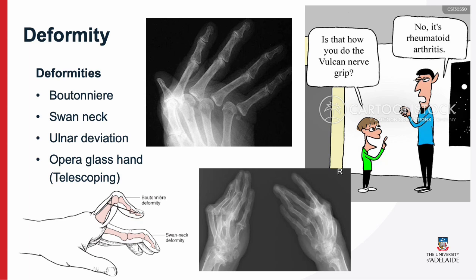The next one is a swan neck deformity, where there is a flexion deformity at the distal interphalangeal joint with hyperextension at the proximal interphalangeal joint. Ulnar deviation, we've already talked about, often occurs at the MCPJ. And opera glass or telescoping occurs, and this can cause this arthritis mutilans type appearance.